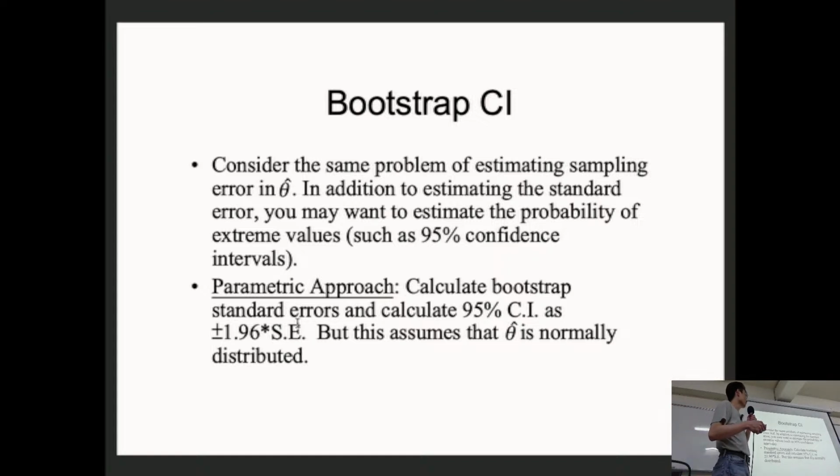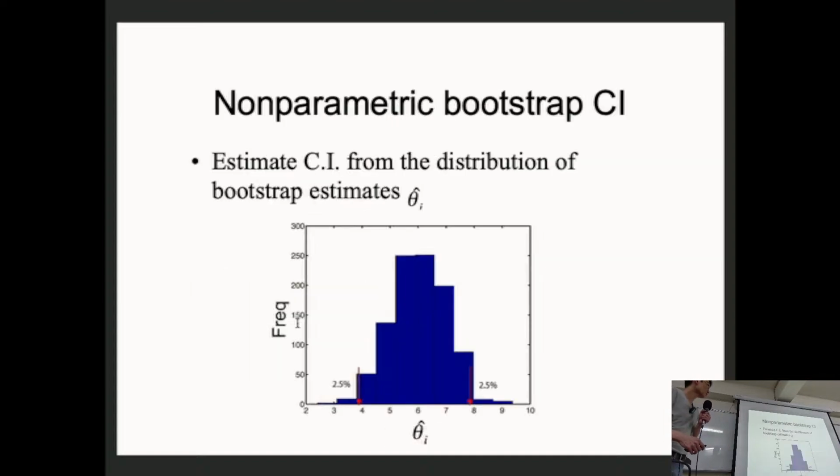However, in some other cases, what if the theta estimate does not really look like a perfect normal distribution? Then we need a better solution. The easiest one we call the non-parametric bootstrap confidence interval, because we don't require the assumption that the histogram of your bootstrap theta follows a Gaussian distribution.